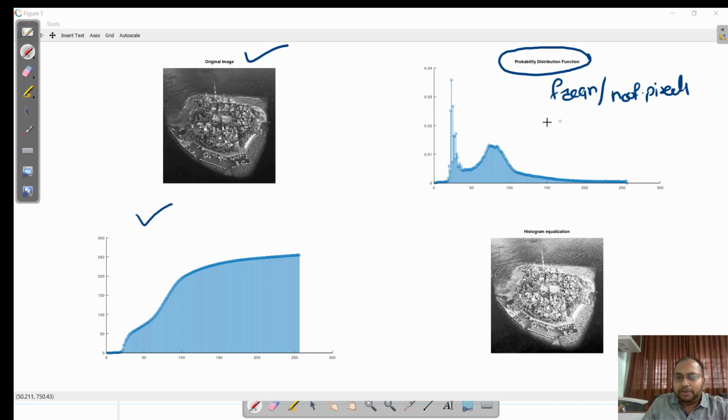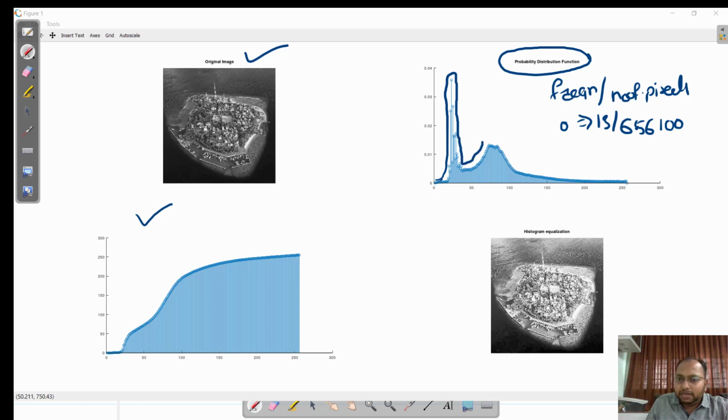That means let us say the frequency was 13 for, let us say, 0. For 0 it was 13. 13 divided by 65600. If I divide it by that value, then it will come nearer to 0, definitely, right? And this is nothing but the probability distribution function of this particular image, right?